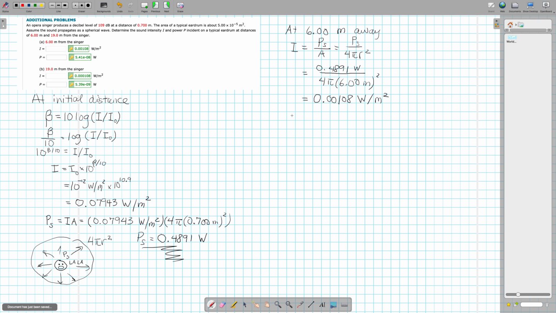Okay, and the next thing we want is the power that reaches the eardrum. So we already figured out how much power the singer is outputting, but some distance away, there's a listener and there's their ear, listener with big ears.